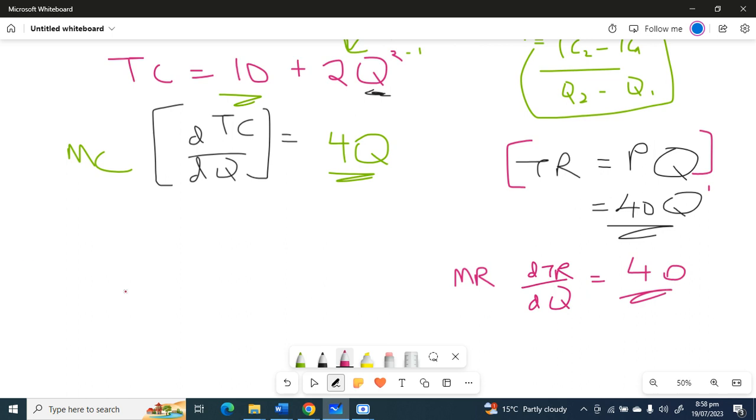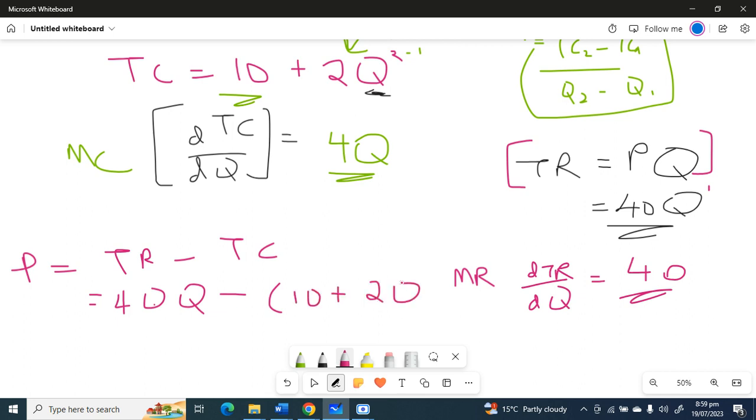Profit function, remember: profit equals total revenue minus total cost. Total revenue 40Q minus total cost, 10 plus 2Q squared.